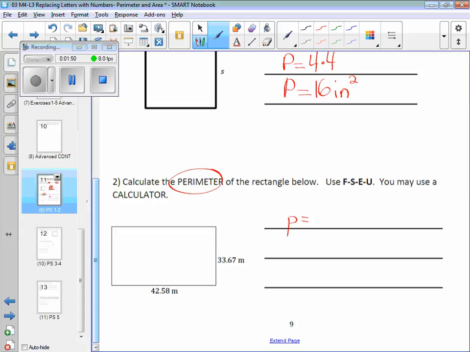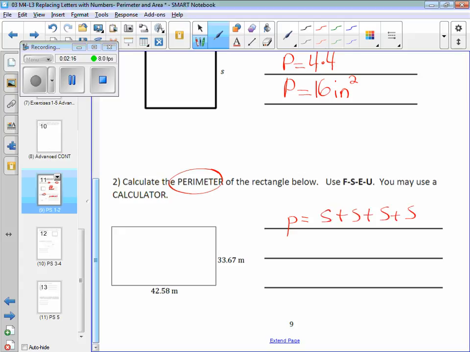I think they give it to you on the cover page, even though we didn't do it. Well, what's the formula first? Length plus length plus width plus width. And the other way I think it's written on the cover sheet is side plus side plus side plus side. However many sides you have is how many S's you have.